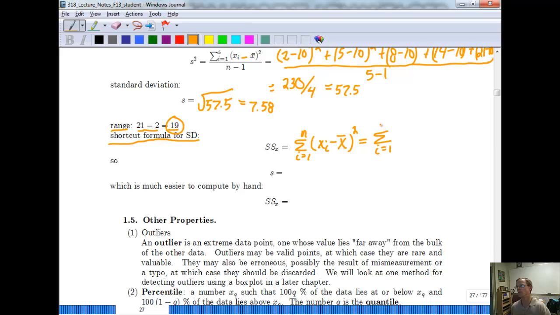The sum of i from 1 through n of xi squared minus the sum of i running from 1 to n of xi, quantity squared, divided by n. I'm not going to do the algebra. It's a good exercise. If you calculate this by hand, it's so much easier.